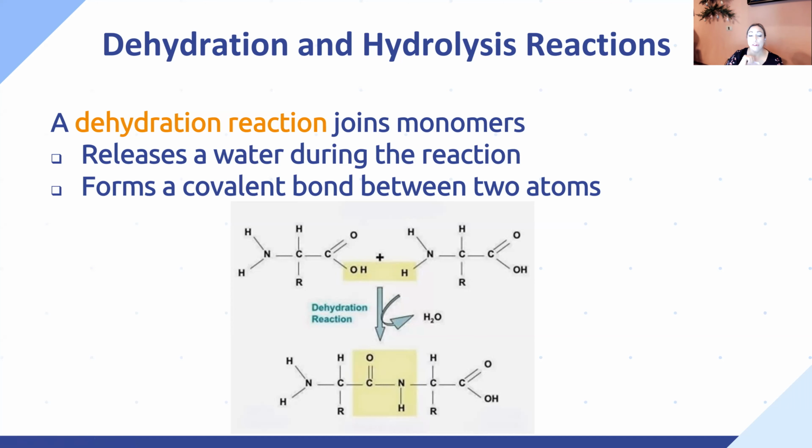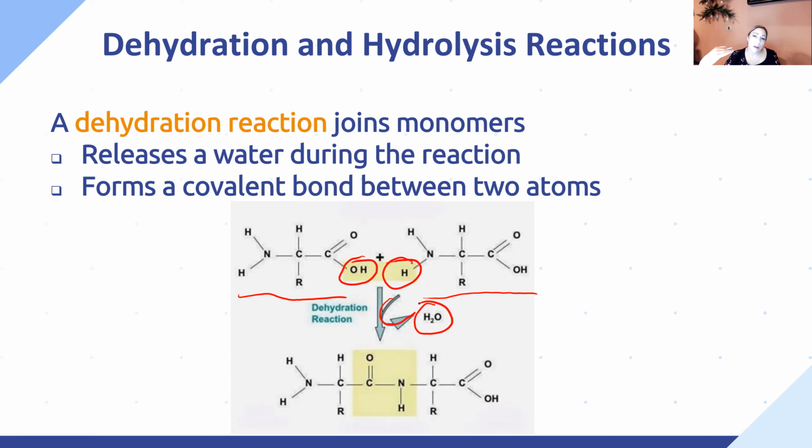So let's look at the picture here. Again, this is the same monomer I showed you in the previous slide. So here we have a monomer and here we have a monomer. Now, what happens in dehydration is that an OH, an oxygen and a hydrogen, are lost from one monomer, and a hydrogen or H is lost from the other monomer. So the OH and H are released as water.